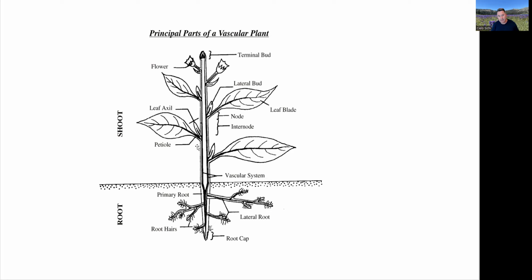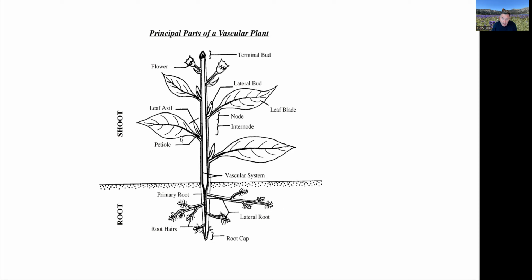So the next one down here, we've got petiole. And the petiole is essentially the bladeless portion of the leaf that connects that leaf blade to the stem. And there's a lot of interesting characteristics of petioles. Some are non-existent. Sometimes that blade starts right at the main stem.